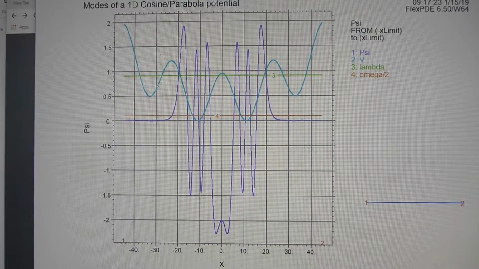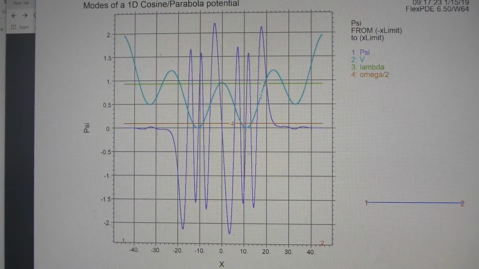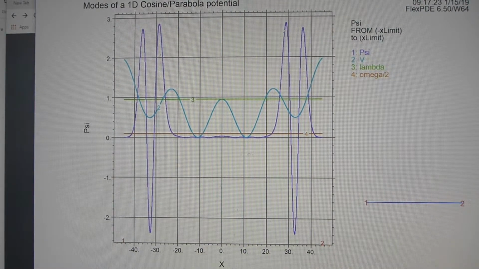These, by the way, are finite element solutions of the cosine slash parabola potential. Another one going up higher. Here is the same thing, same energy. A higher yet potential, and now we call it the third excited mode centered on the higher potential well.